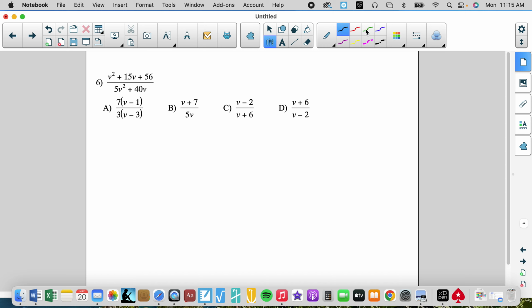So we're going to do A times C, and I'm going to do a common factor in the denominator. So V squared plus 15V plus 56.